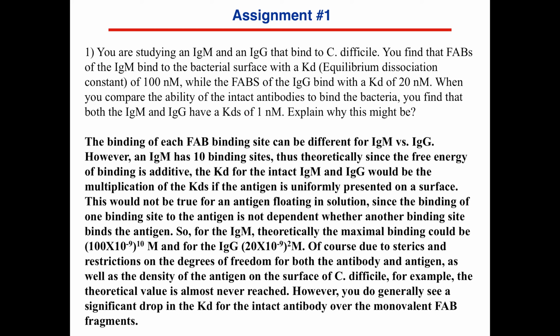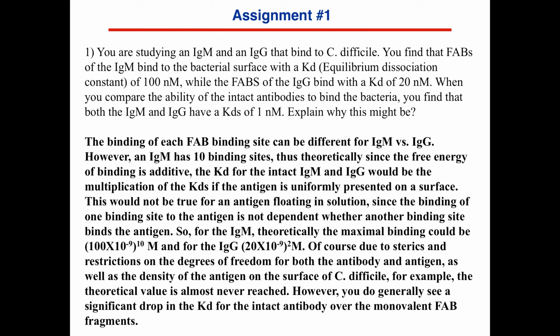First question is, of course, about the dissociation constants with IgM and IgG. What I have here is written out as a rather long answer, so that it will be explained to you. But the bottom line is that you need to remember back to your biochemistry, where the free energy of binding can be thought of as a dissociation constant.